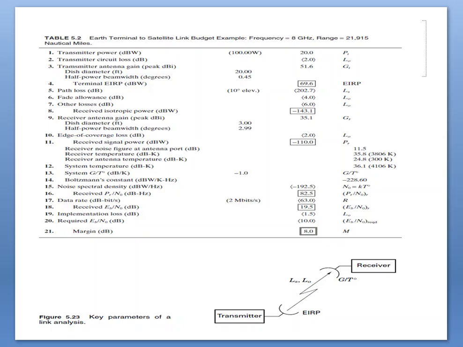System temperature is found in the above equation. However, in this example, we are assuming the losses in the line from the receiver antenna to the front end are such that the line loss factor L is equal to 1. System temperature is computed by Ts is equal to Ta plus Tr.